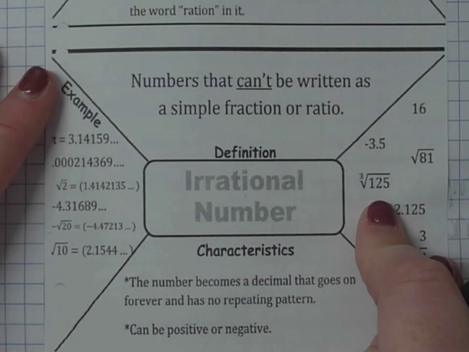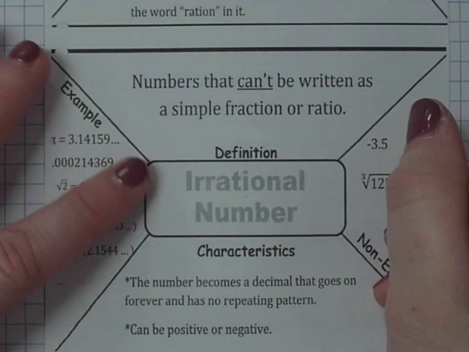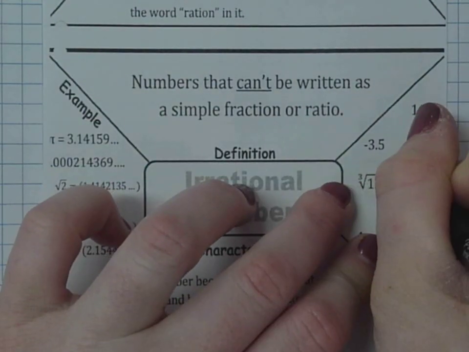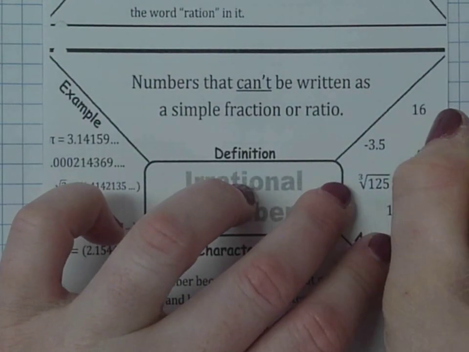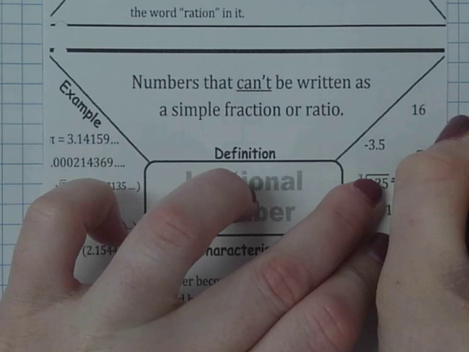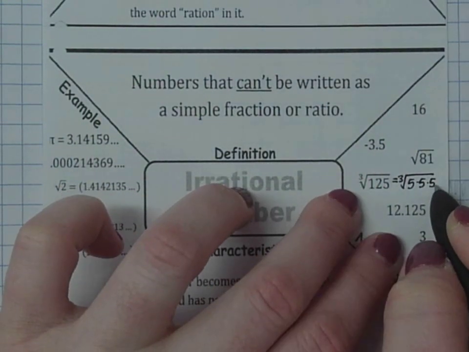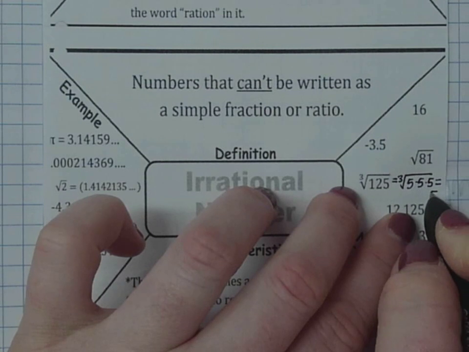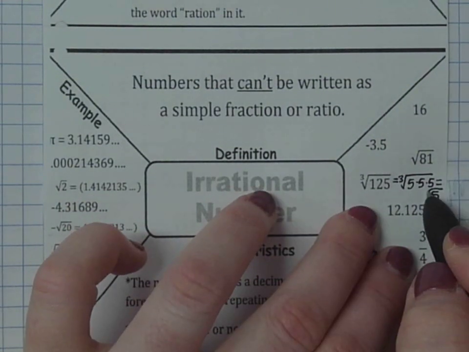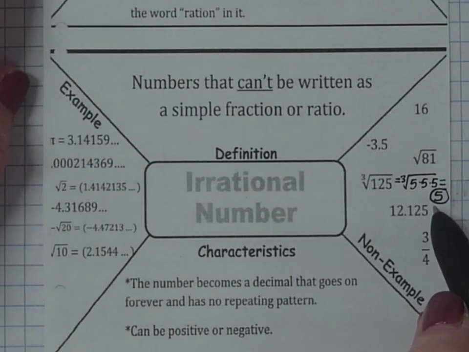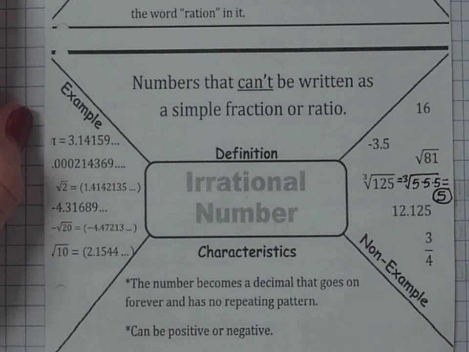Cube root of 125 can be written as 5 times 5 times 5. 5 times 5 is 25, times 5 is 125, so the answer to that one would be 5. It's not an irrational number, it's a rational number.